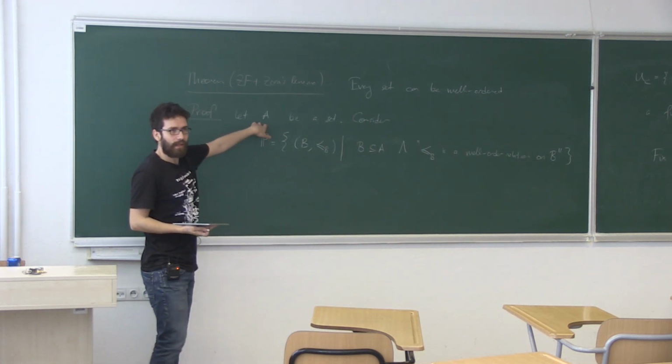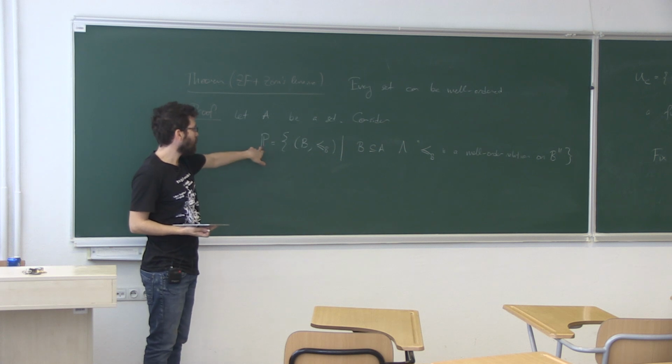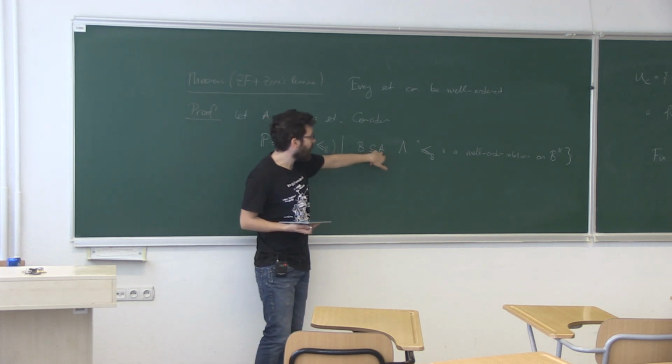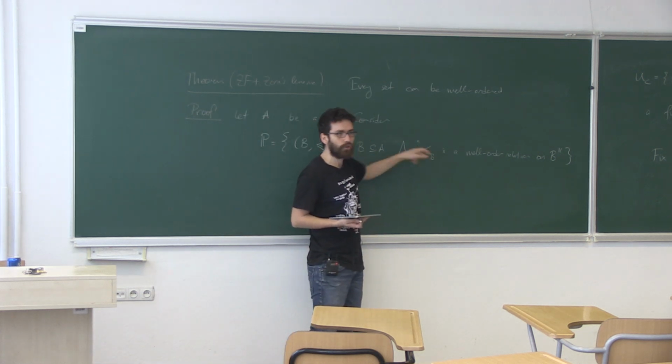So I start with a set. I look at the set of all tuples of the following form. I have a subset of A, and I have some well-ordered relation on this set.